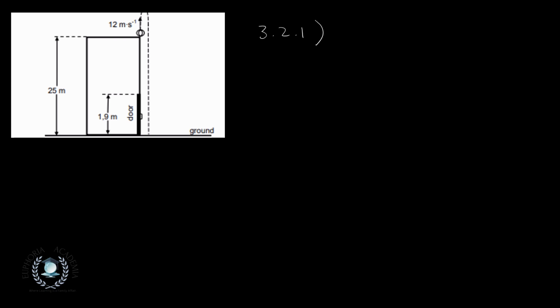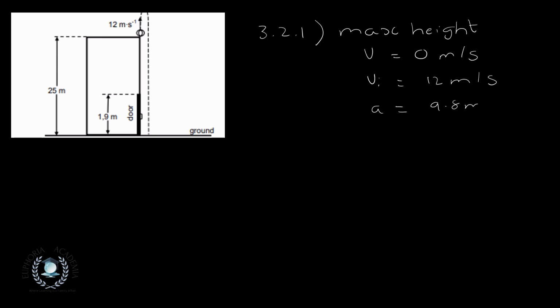As stated in the problem, we know that at the max height, our velocity is 0 meters per second, and we are told that our initial velocity is 12 meters per second, and the acceleration is and will always be, unless stated otherwise, 9.8 meters per second squared.